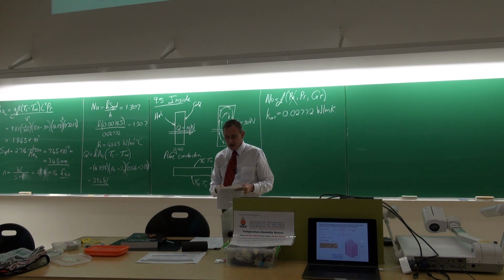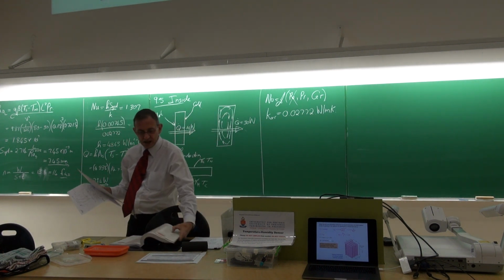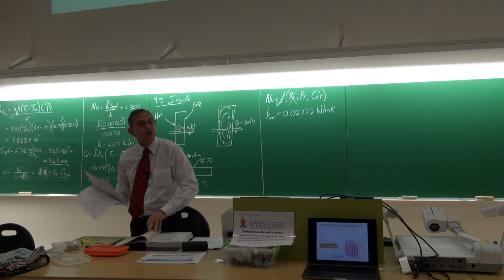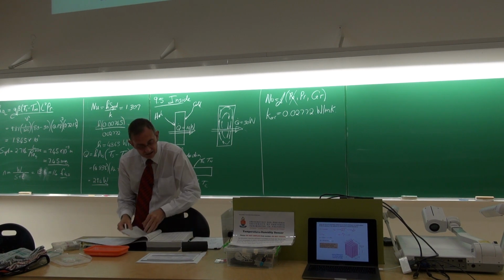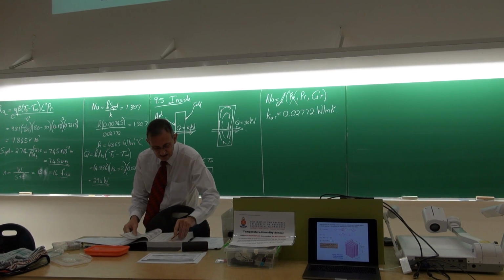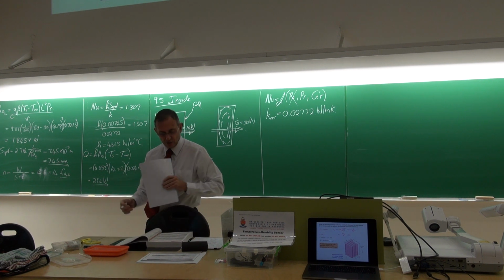Now in table A6 in your textbook, there's a table that gives all the K values for different materials. If you would like to look at that quickly, I'm going to give you a second. Okay. So that is on page 914 in your textbook.